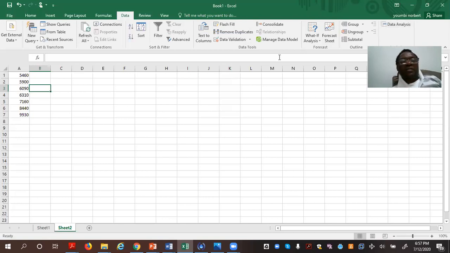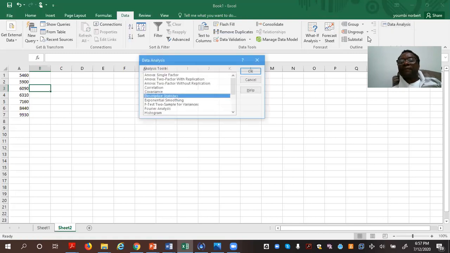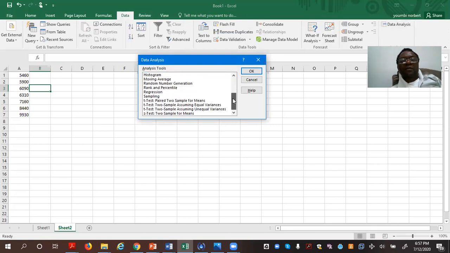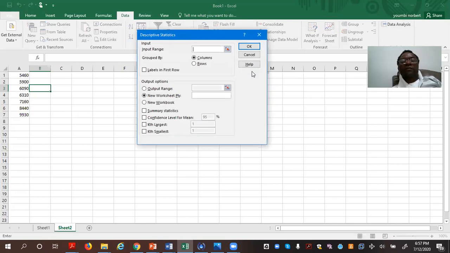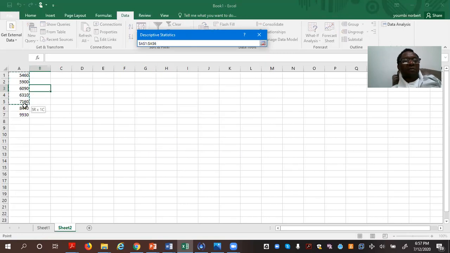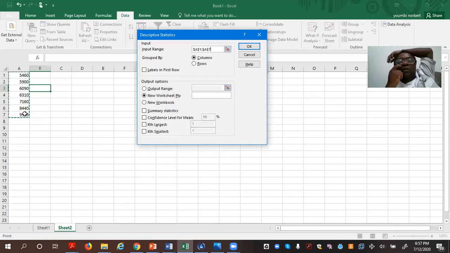So we have data analysis here. We are going to click on data analysis. Then you will see descriptive statistics. You click OK. Now input range. On input range, highlight your data values.